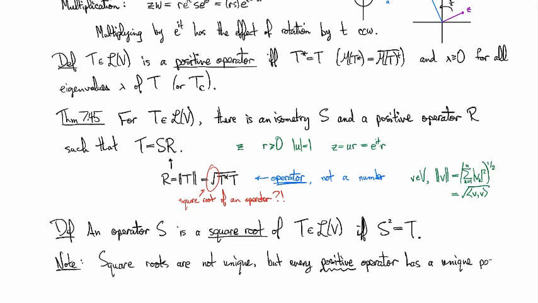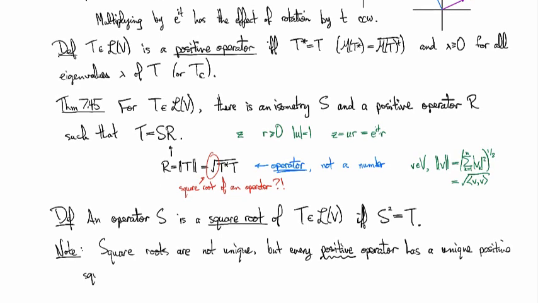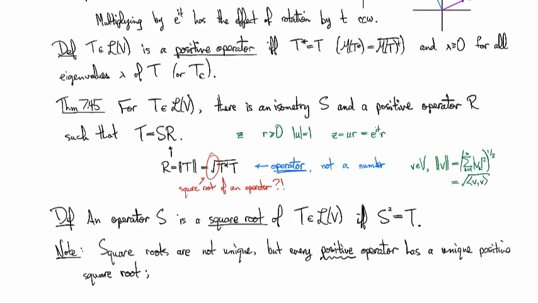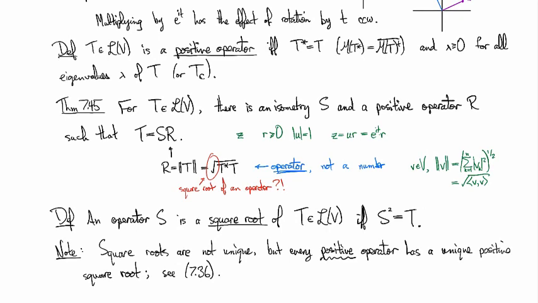A unique positive square root, sorry. So the analogy with numbers carries over perfectly. So if you're interested, this is the content of Proposition 7.36.